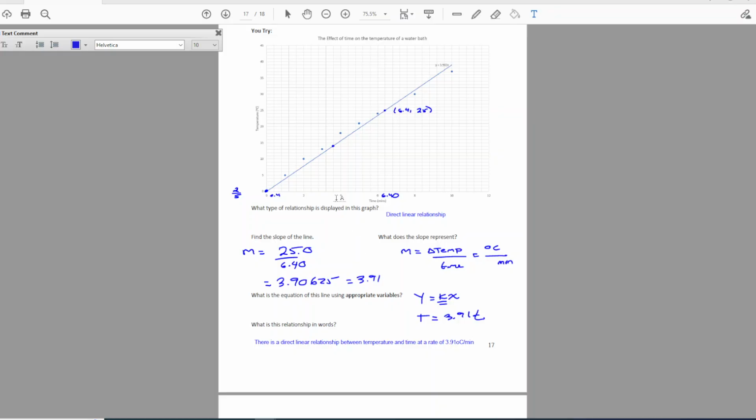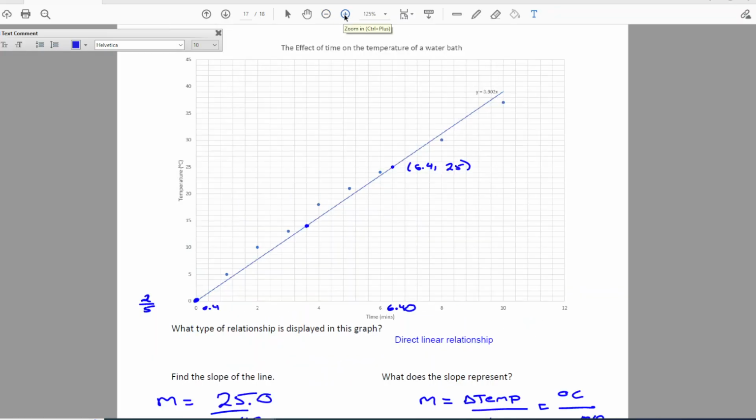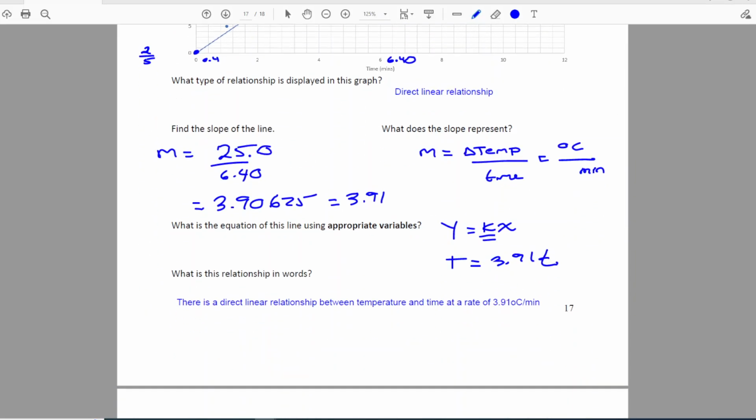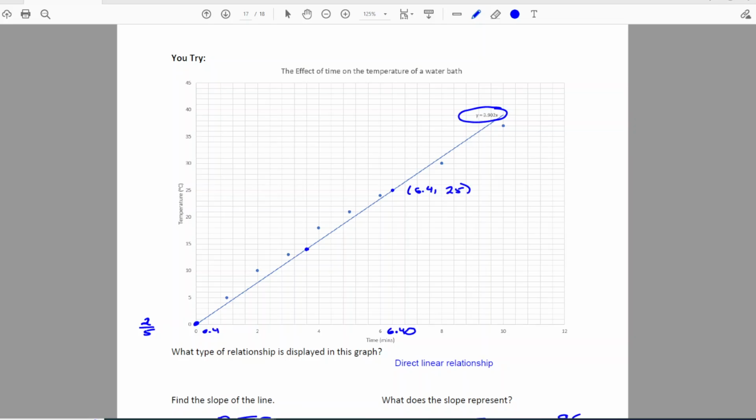One thing I haven't pointed out until now with this one is that if I zoom in on this graph, what I want you to see is this equation. When we do graphing in a computer, this is a computer generated equation. They are saying that the exact slope of this line is 3.902. We said that it was 3.91. Pretty darn great. It's a margin of error. I looked at this line passing through this place perfectly.